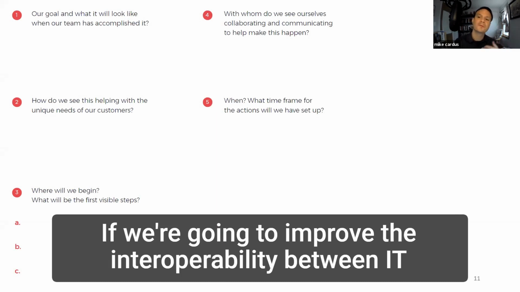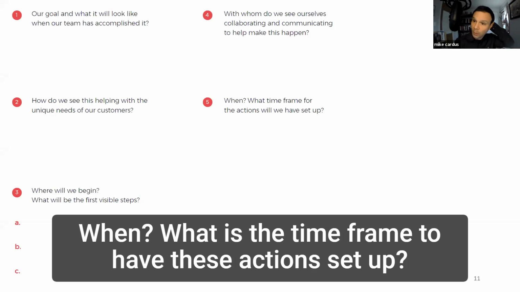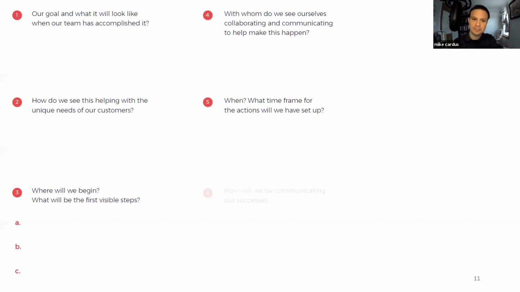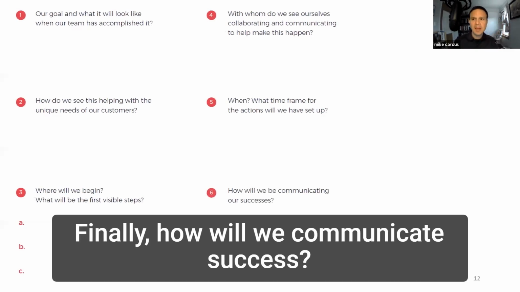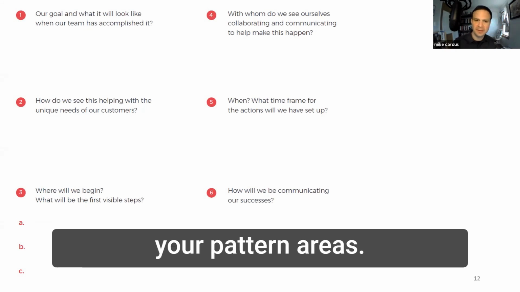So if we're going to improve the interoperability between IT and program staff, when? What's that time frame to have these actions set up? And finally, how will we communicate success? And these ideas are pulled from your small improvements in your pattern areas.